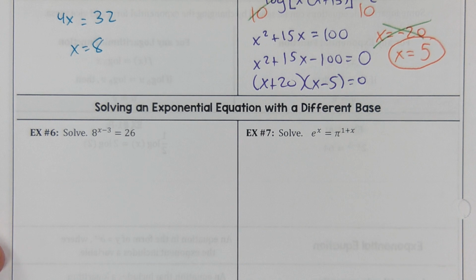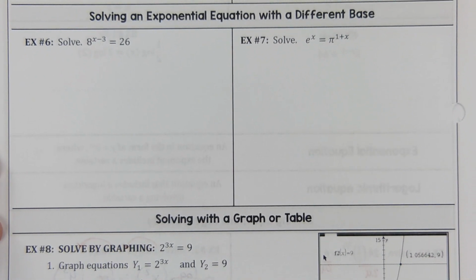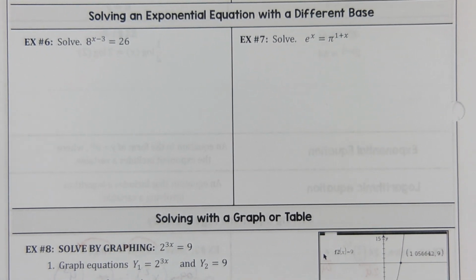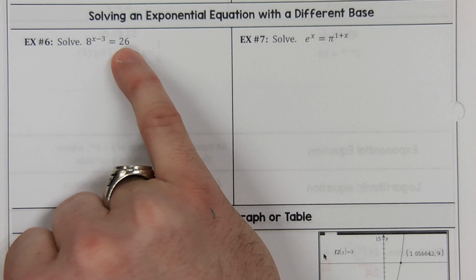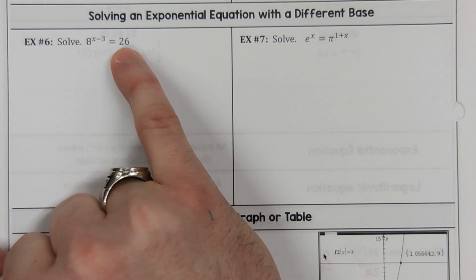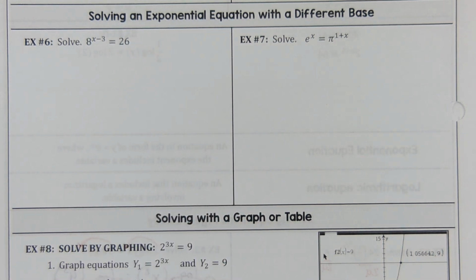Invariably, someone eventually asks, what if you can't get them to have the same base for the exponentials? Actually, you can't. Because 26 is not a power of anything. So what do we do? Well, we could say 8 is 2 to the third if you wanted to, but I don't see a reason to.